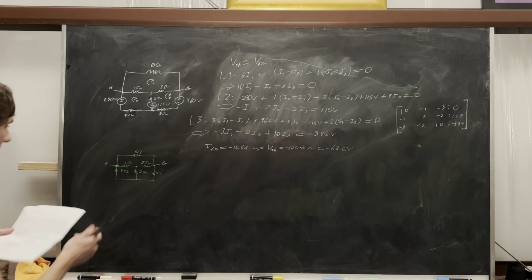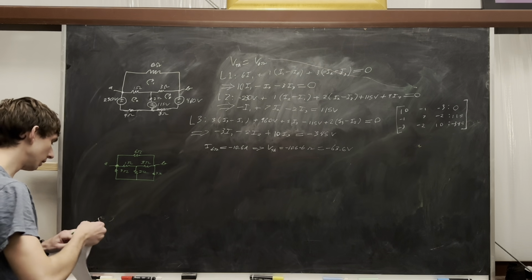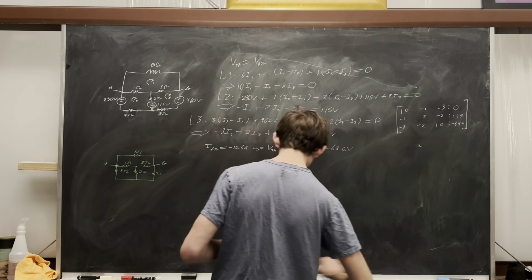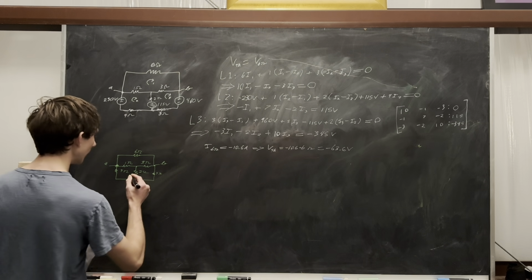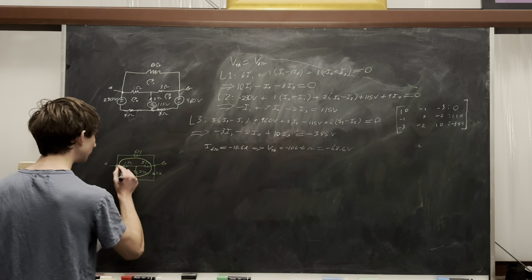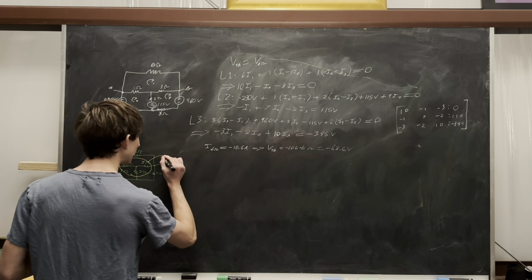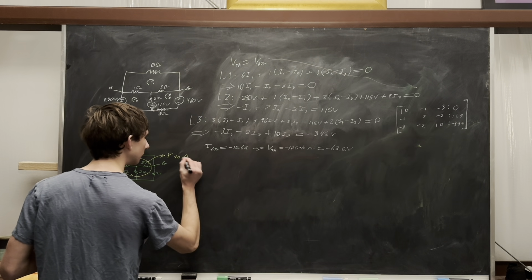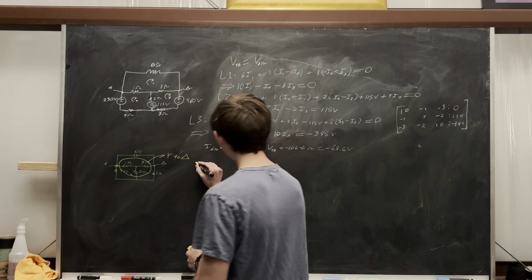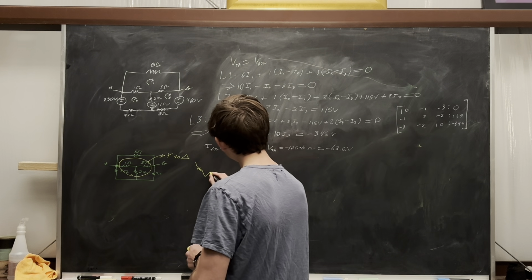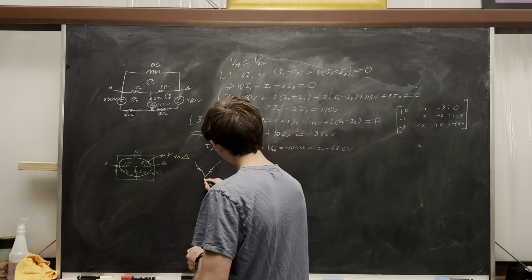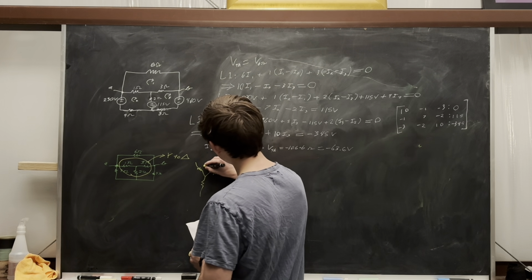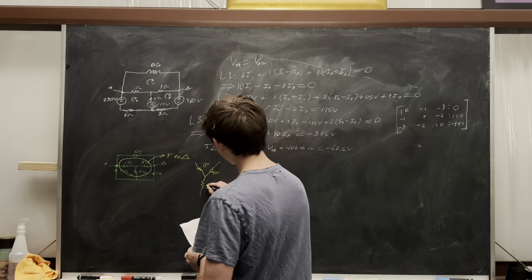I approached this by doing a Y to delta conversion on the centerpiece. Do that in a different color. Do that in yellow. So Y to delta. This is 3 ohms, 1 ohm, and 2 ohms.